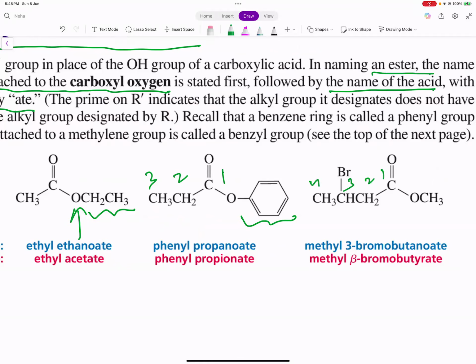If it was just a carboxylic acid, I would have called it 3-bromobutanoic acid, but it is an ester, so I'll call it 3-bromobutanoate. Since it is an ester, I also have to add this alkyl group initially, so this becomes methyl 3-bromobutanoate. Why are we putting the methyl first? Because it is attached to the ester oxygen. There is a rule.